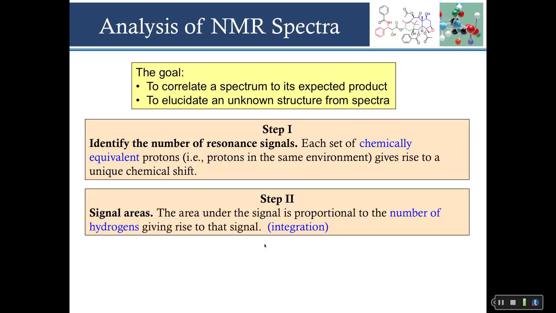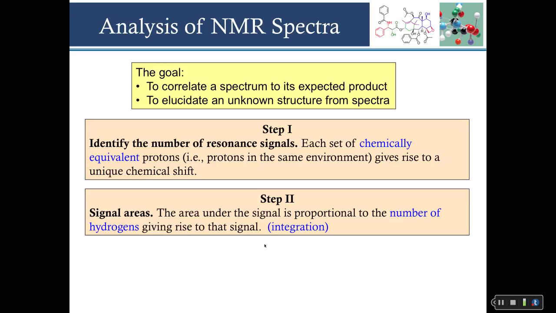The next most important thing is to figure out for each of those signals, the area under the peak is proportional to the number of hydrogens. So if you've got one peak and the area under the peak comes out to some number, 12, and you look at another peak and the area under that peak is 24, then the ratio of those two is 2 to 1.